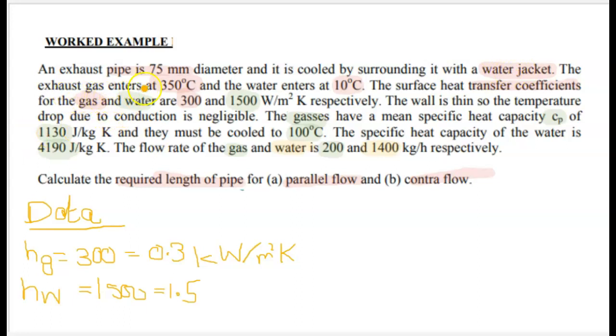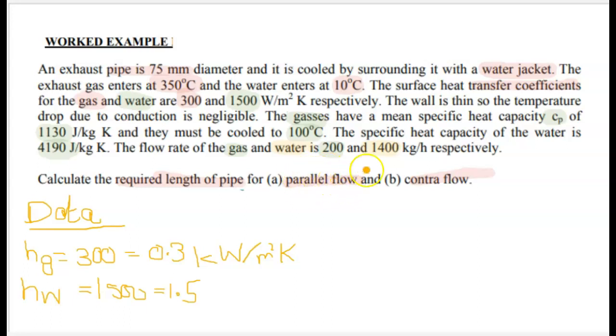The exhaust gas enters, so the temperature that enters is 350 for the hot fluid, which is the gas. And the water, which is the cold fluid, enters at 10 degrees centigrade. And we are trying to do this in parallel flow, so we assume they're entering from the same side.